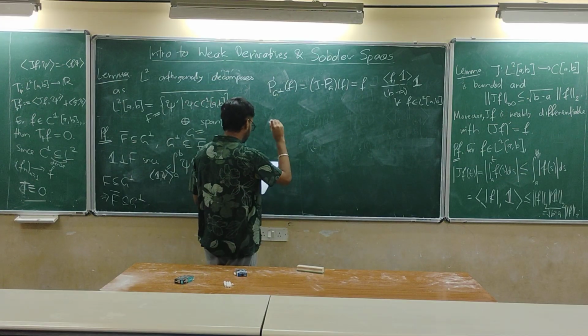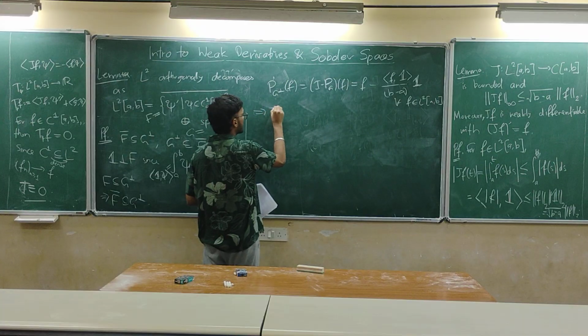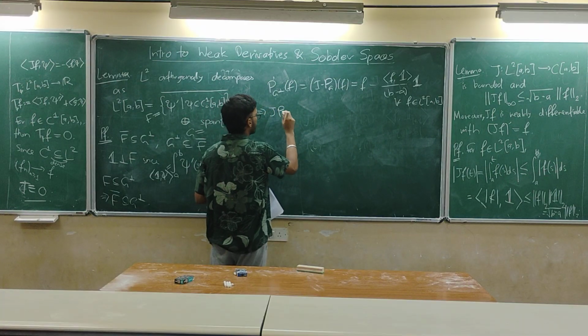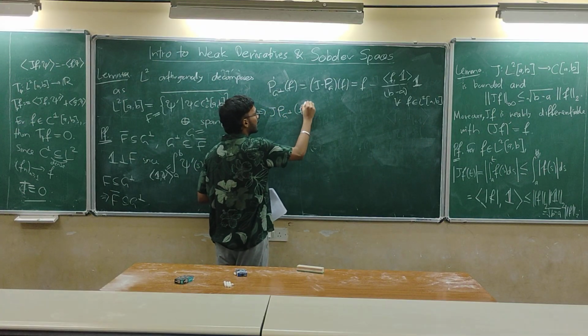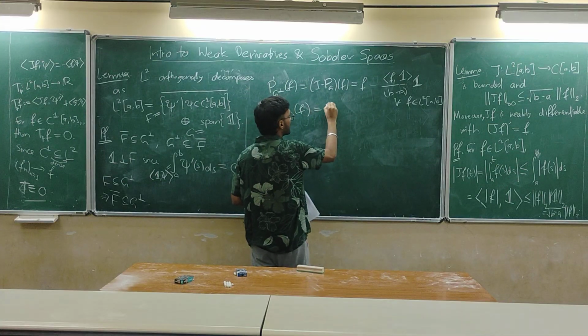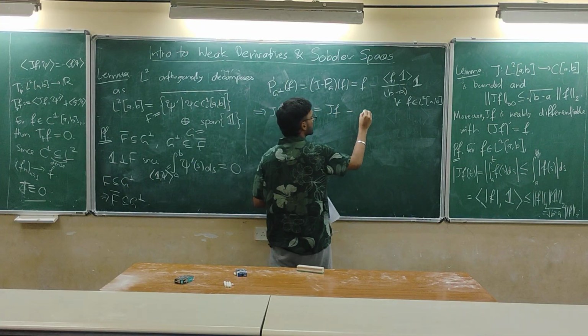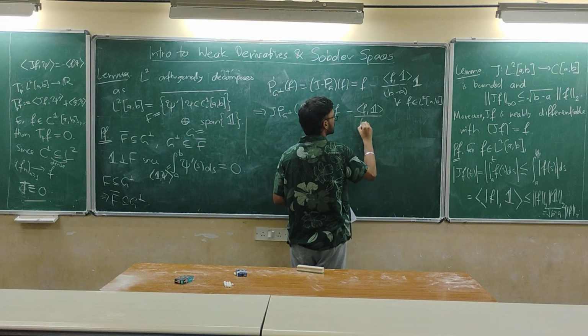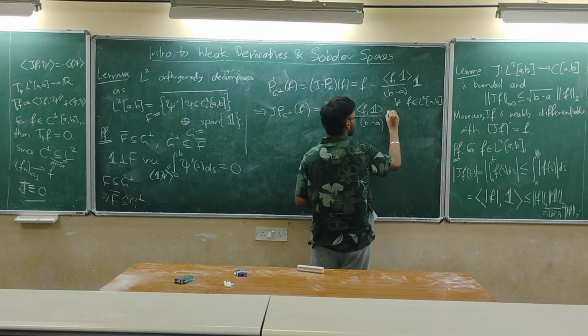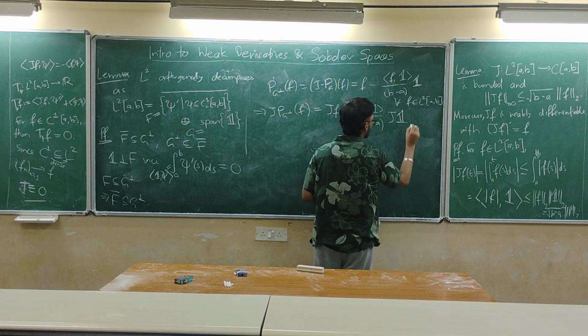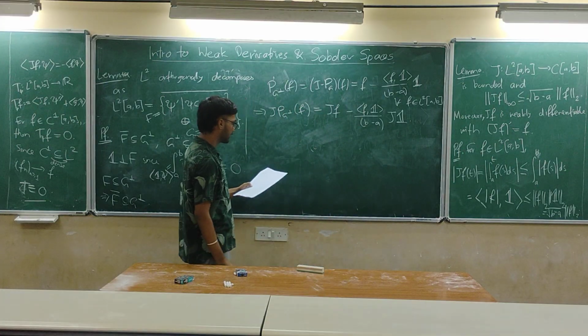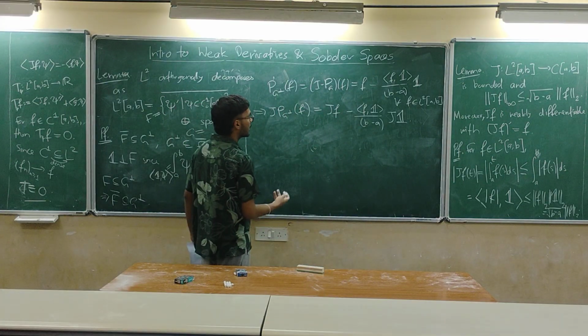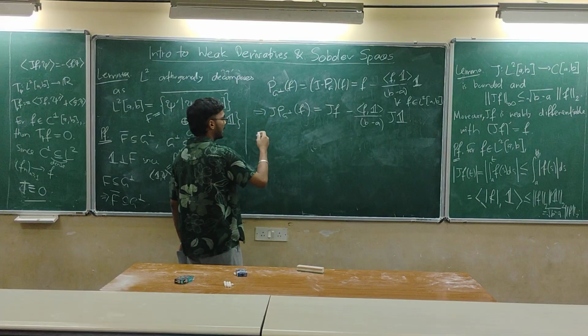If I apply the integration operator on it, J P g perpendicular f, we get J of f minus, this is a scalar I found out, J of 1. Correct? And this is J from a to some b.